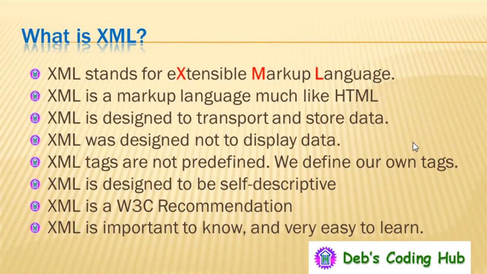We need to define our own tags as a programmer. XML is designed to be self-descriptive, because we are defining our own tag, it means we understand the meaning of the tag, or we define the meaning of the tag we are writing.